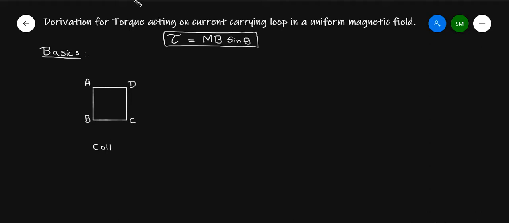Now when we pass current through this coil like this, you might be knowing that one face of the coil behaves as a north pole and the other face behaves like a south pole. The current produces the magnetic field. Here in this loop current is there, and the current gives rise to a magnetic field. So from one side of the loop the current looks anti-clockwise, and from the other side the current looks clockwise.